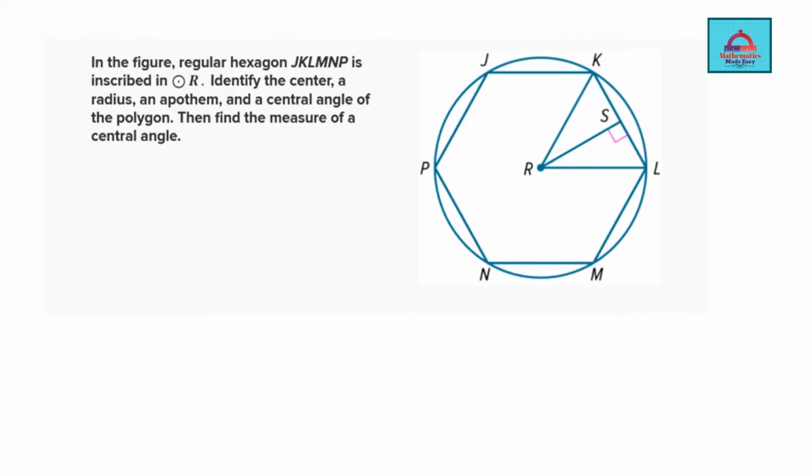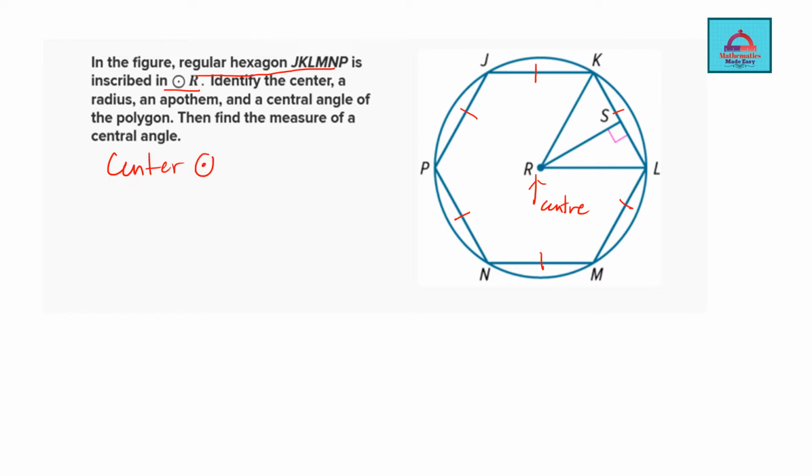So let's solve a question together. Here you are given a regular hexagon. Let's mark the equal sides: JK, KL, LM, MN, NP, and PJ. All are equal and they are inscribed in a circle with center at R. Now you need to identify the center, which we have already done.